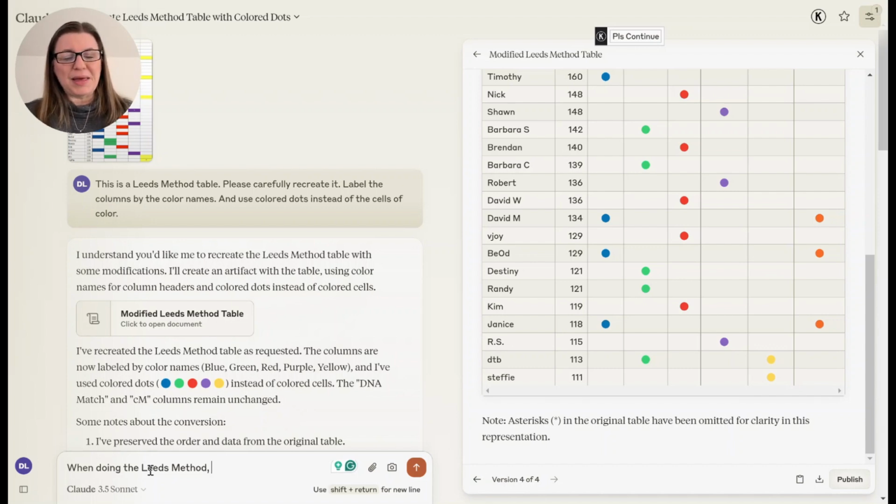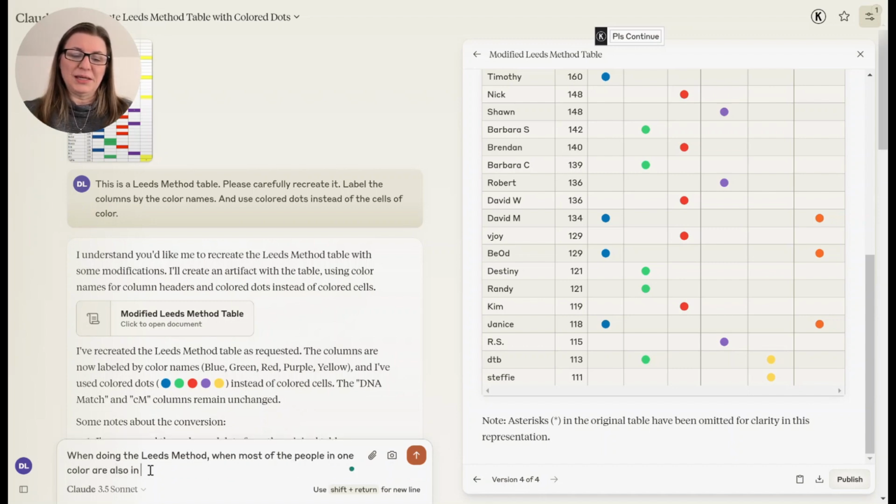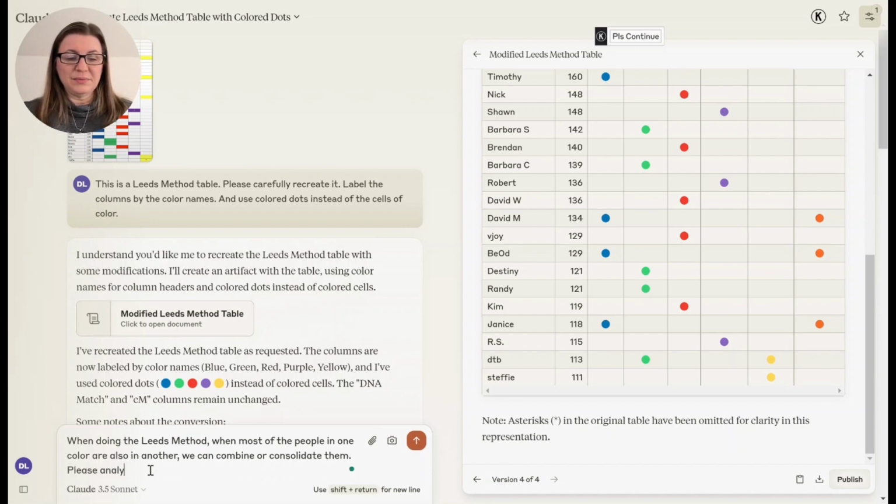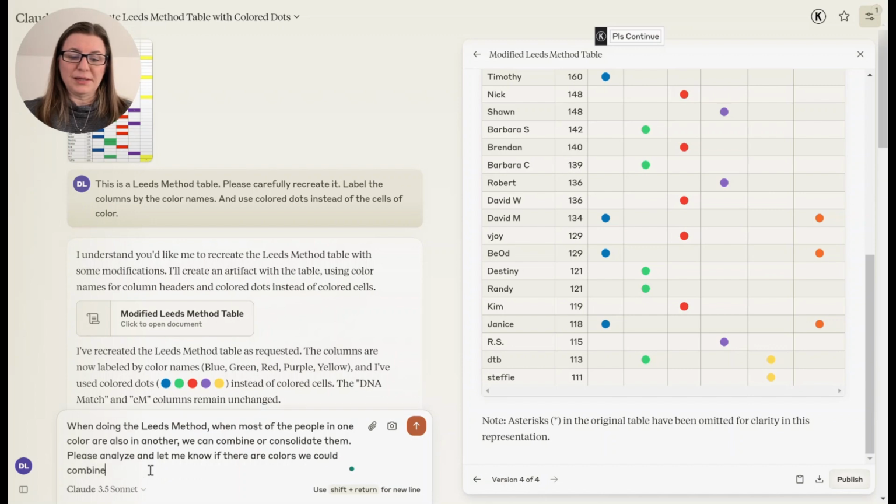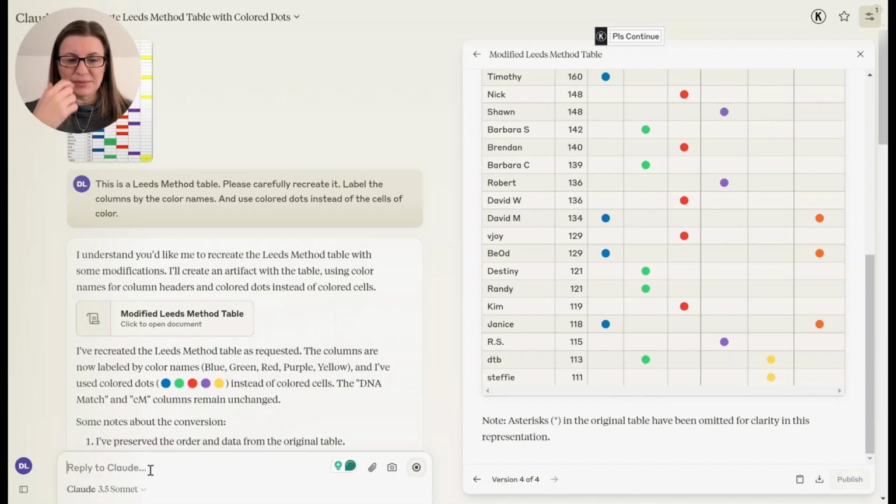When doing the Leeds method, when most of the people in one color are also in another, we can combine or consolidate them. Please analyze and let me know if there are colors we could combine. So let's see what it does.